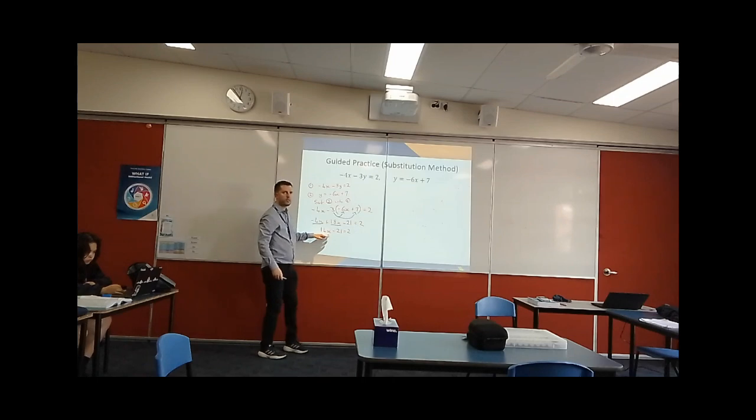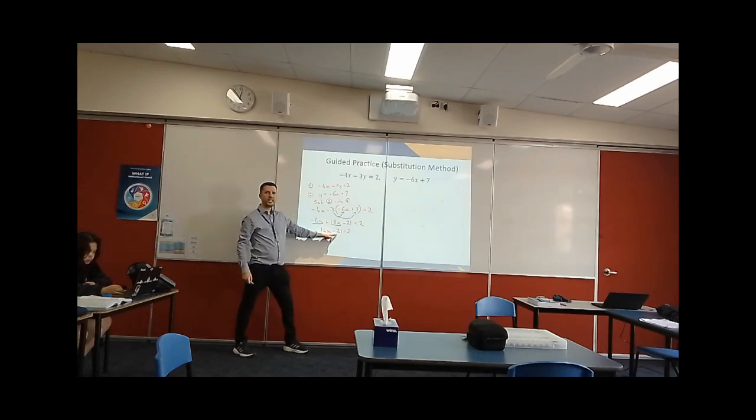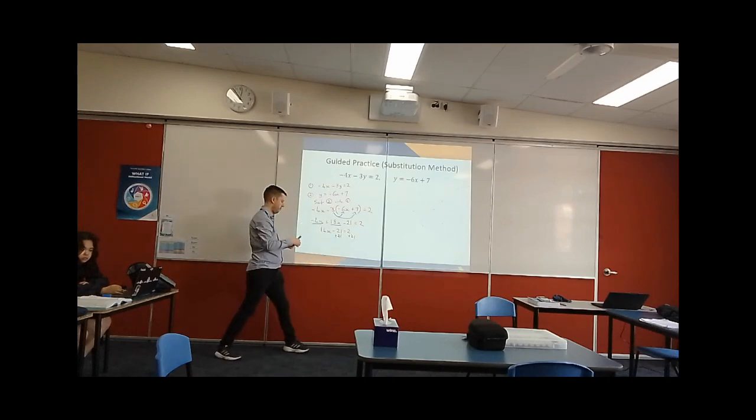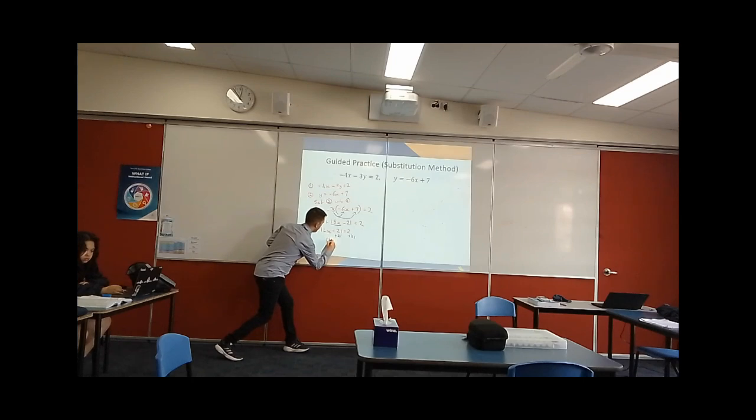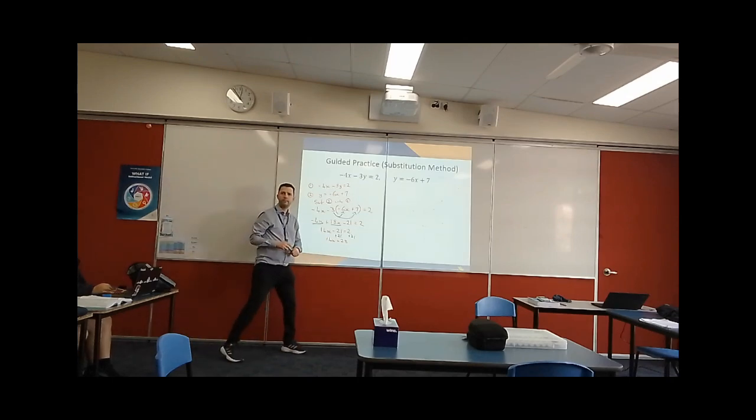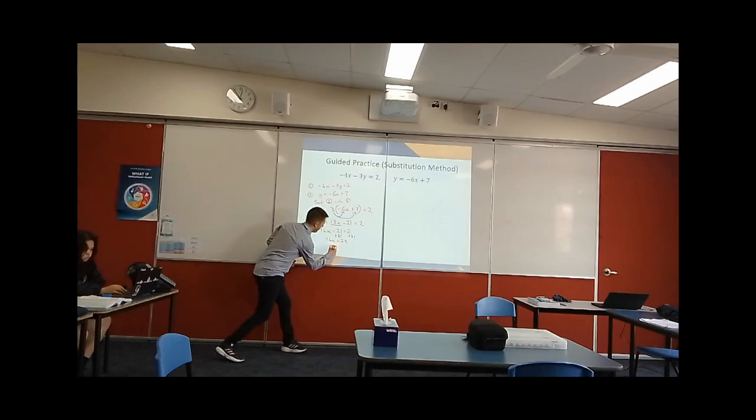I need to get my x by itself, so I need to get this constant to the other side. So Abby? Add 21 to both sides. I add 21 to both sides, and that will be 14x is equal to 23. The final step? Divide both sides by 14. I divide both sides by 14.